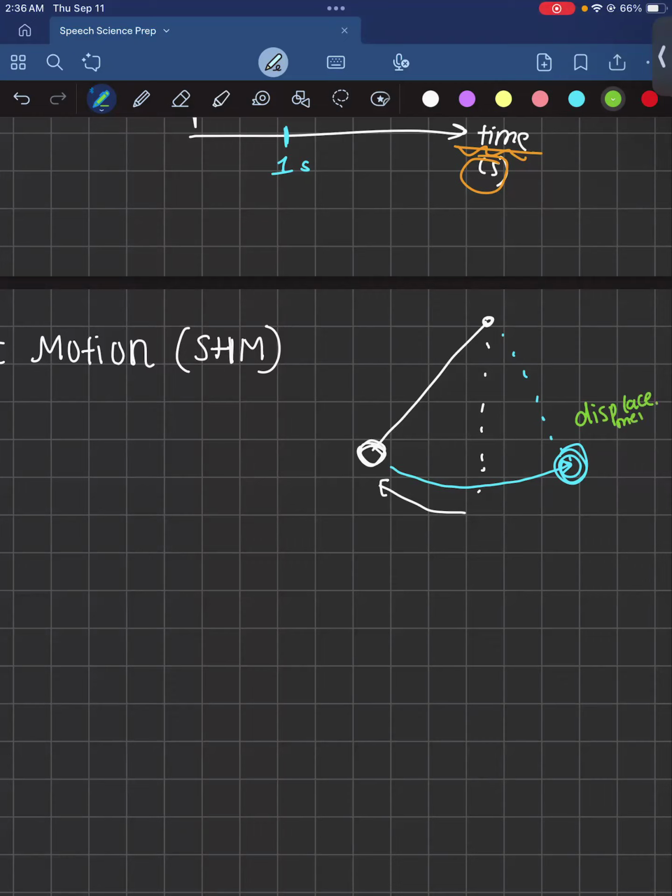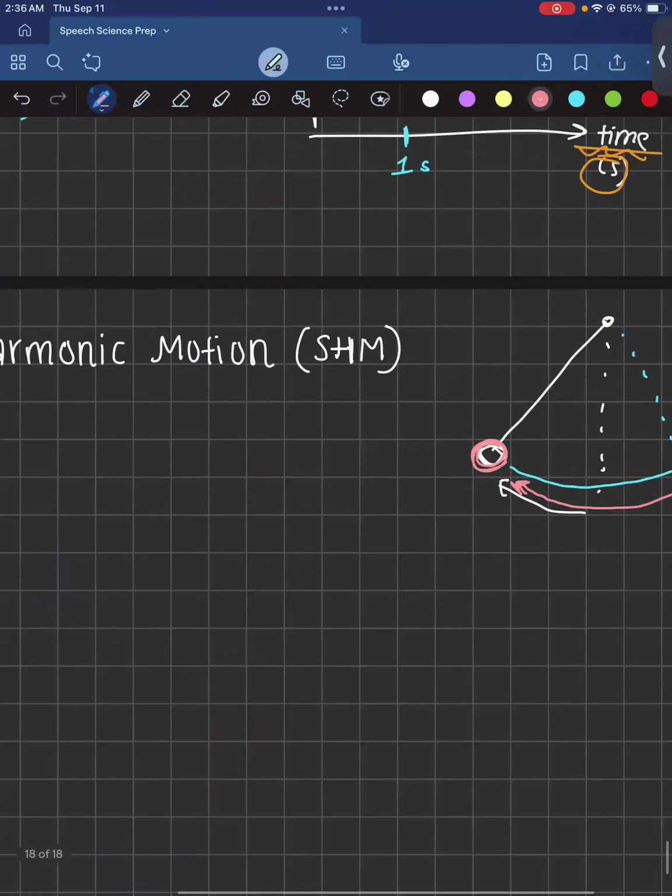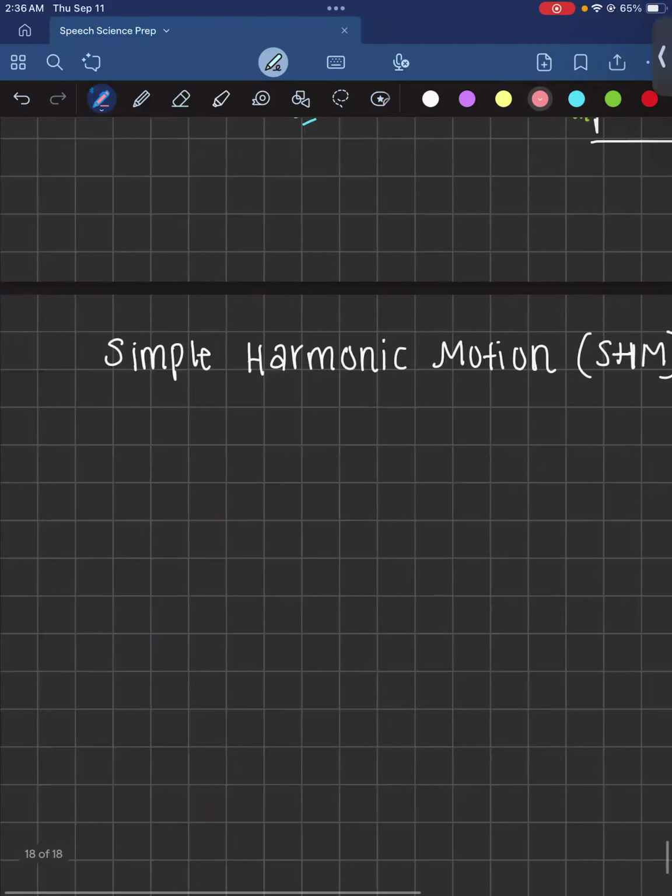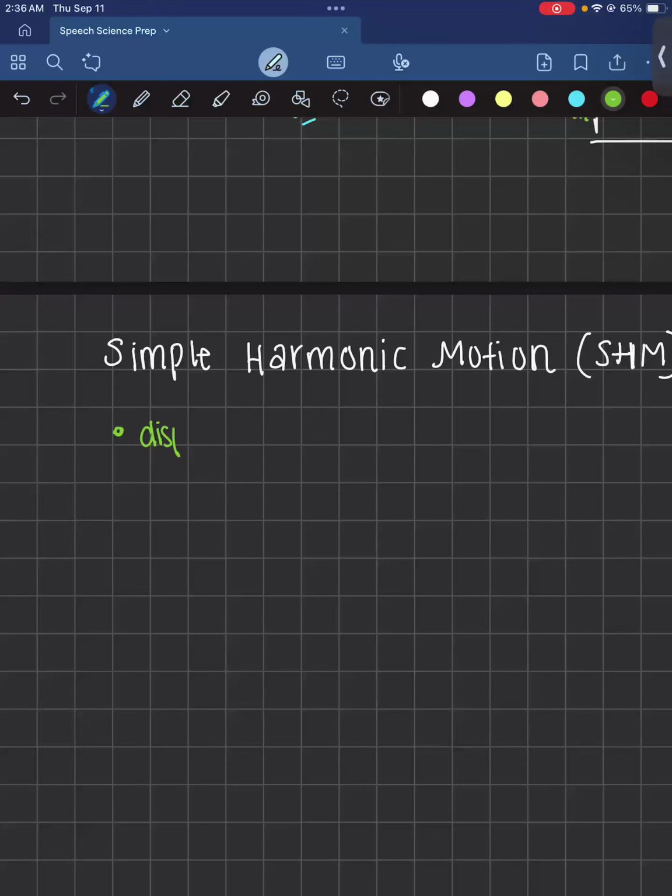And what will happen though is that there will be something called a restoring force that brings the pendulum all the way back to its original position. So it brings the ball back to the original position. And so simple harmonic motion, this idea is following this whole pendulum principle where basically the amount of displacement or the displacing force is going to be equal to the restoring force.